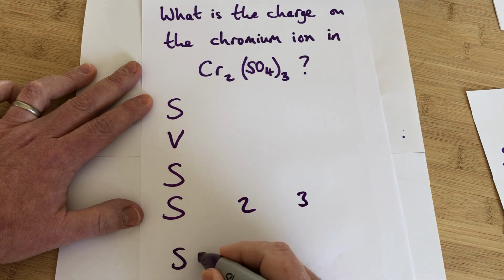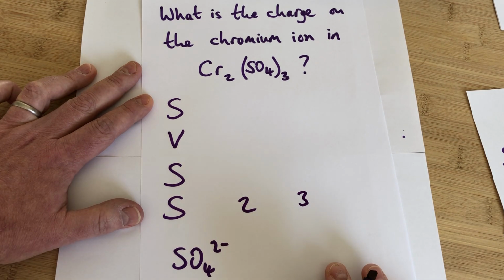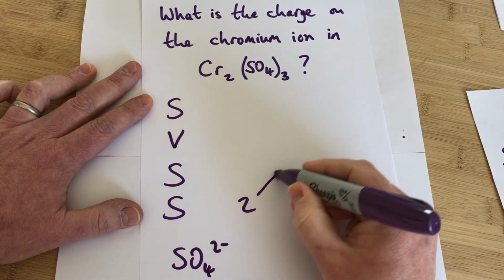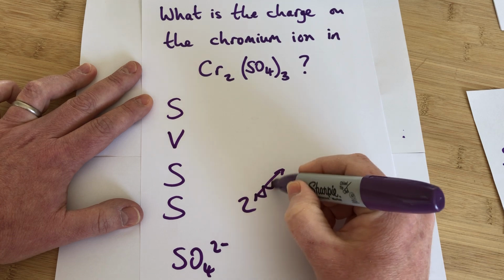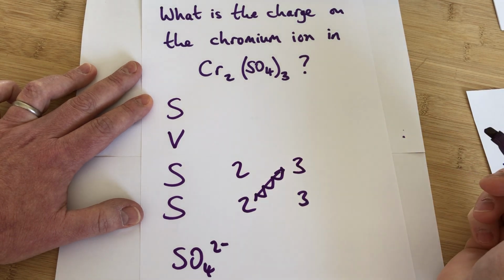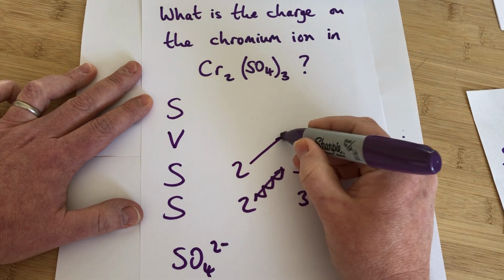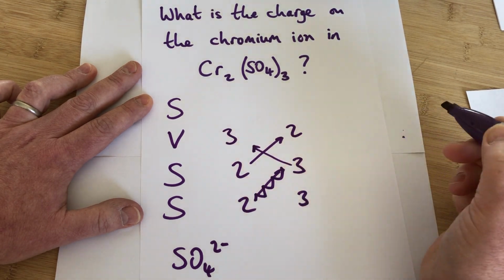Now, just remember as well, sulfate is SO4 2 negative. Oh, sorry, mistake. That number there goes there. That number there goes there. We cross them over to make 3 and 2.